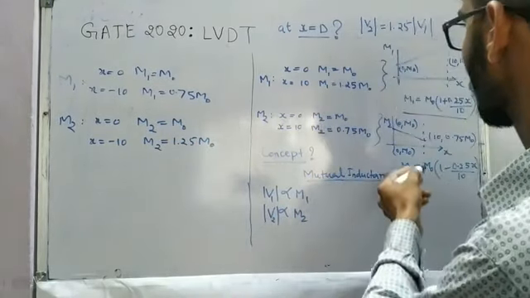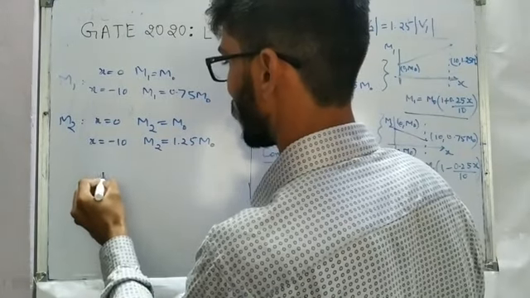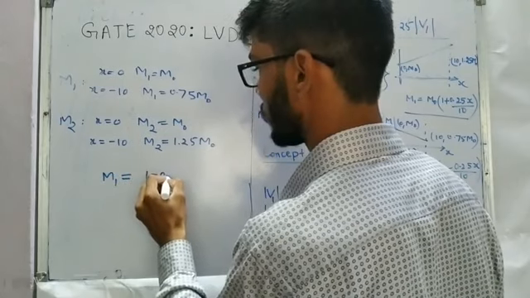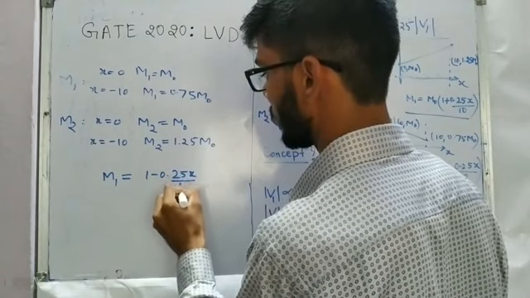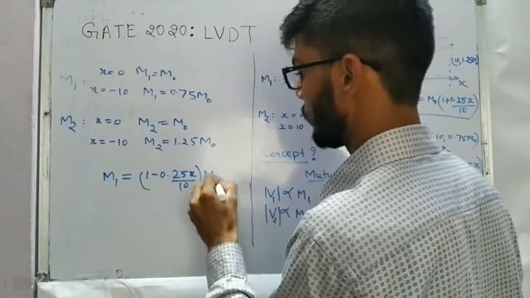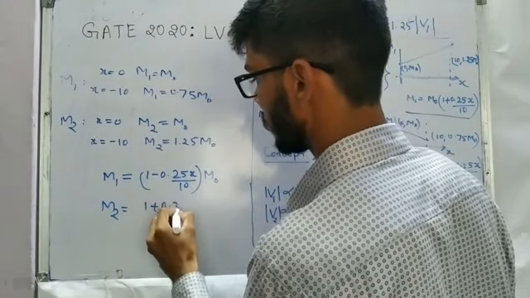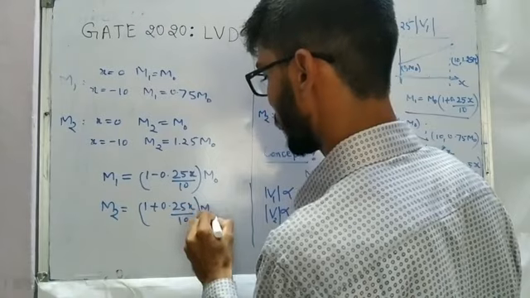So these expressions again are going to change for M1 and M2. For M1 it will become 1 minus 0.25 x by 10 into M0, and for M2 it will become 1 plus 0.25 x by 10 into M0.